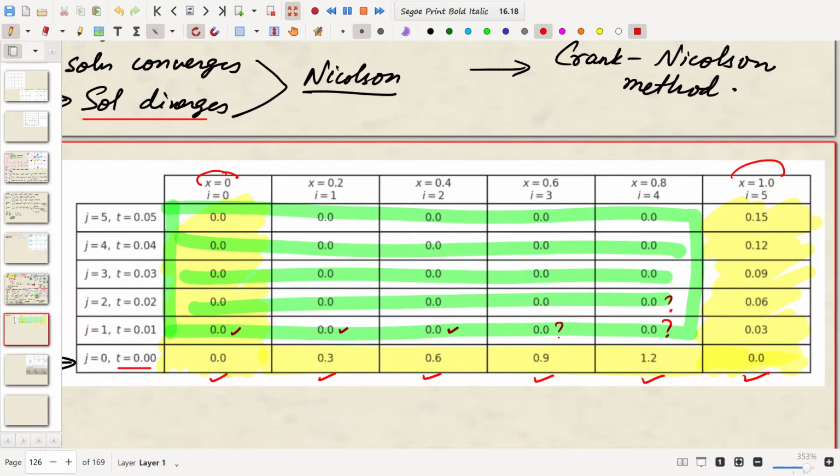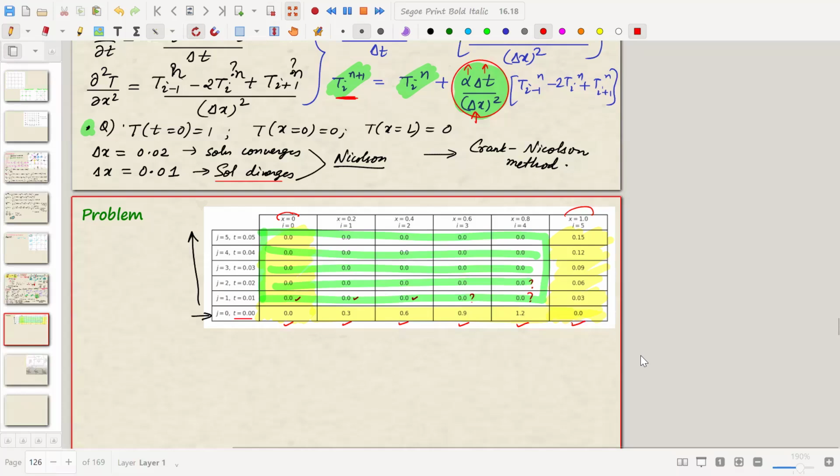Let us solve. Check that T_i^(n+1), the value at the ith location at the next time step, depends on what values. Suppose you want to find this value, in red.